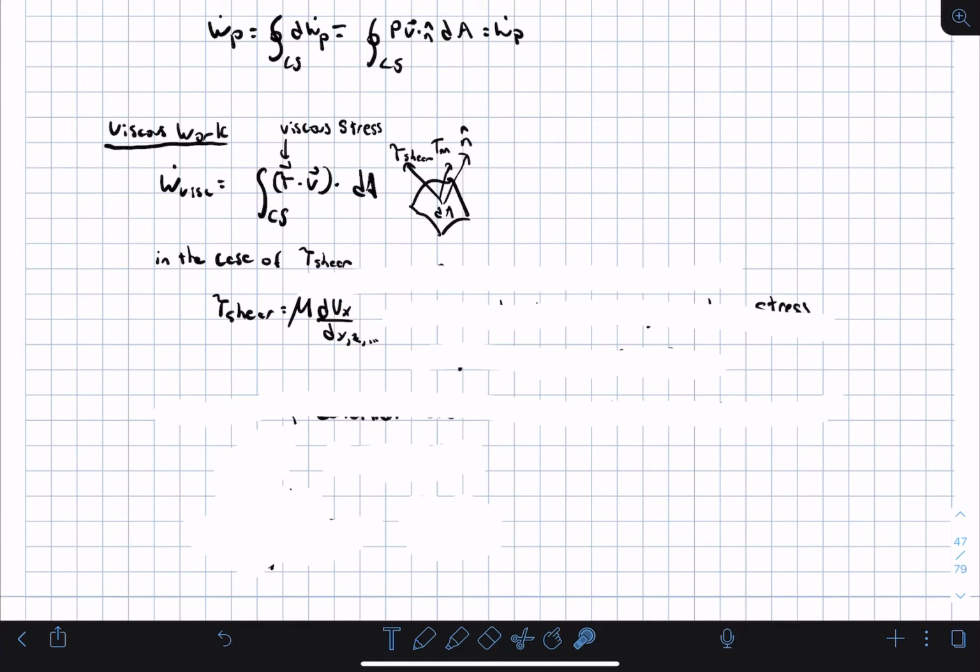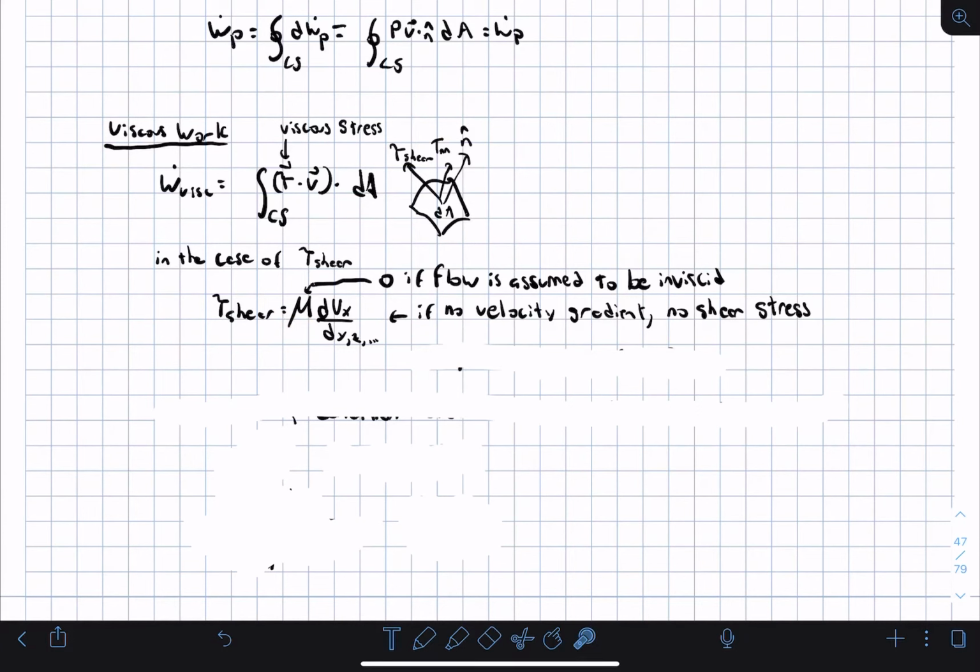Okay, and just recall that if the flow is inviscid, you can think of the viscosity as being 0. And notice there is no work due to shear stress if there is no velocity gradient either. So that is two ways to have a flow where the shear stress and the viscous work are essentially 0: if there are no velocity gradients or the viscosity is essentially 0.